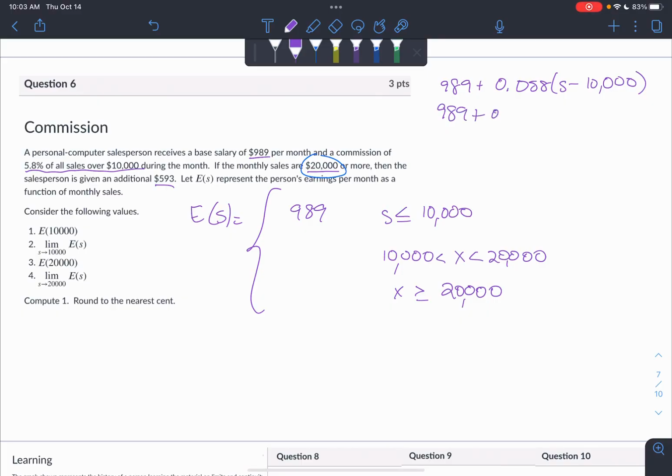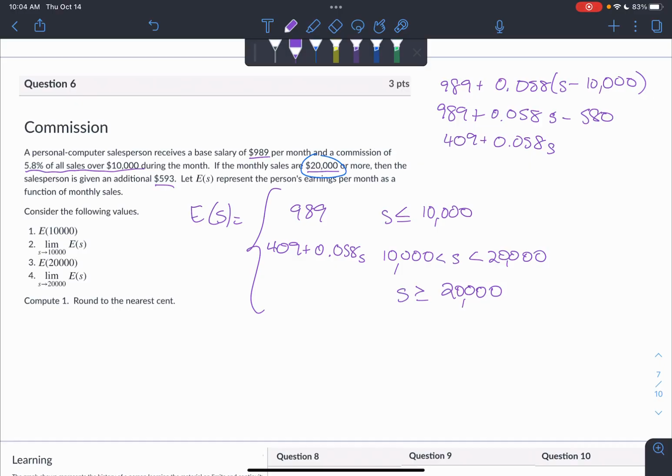Let's simplify a little: 989 minus 580 comes out to be 409, plus 0.058 times S, where S is our sales again.